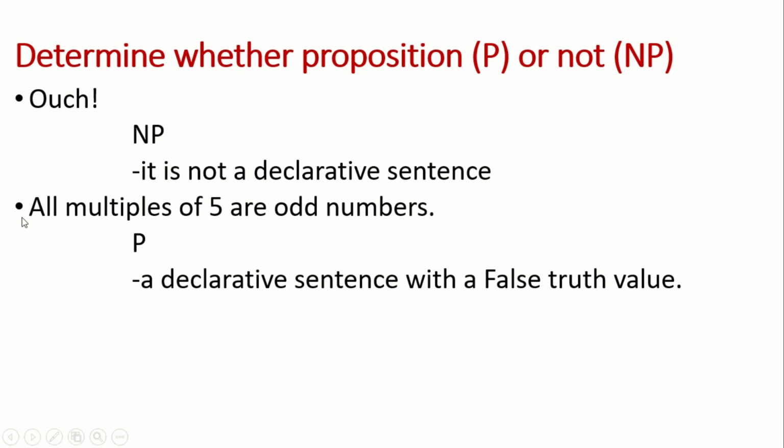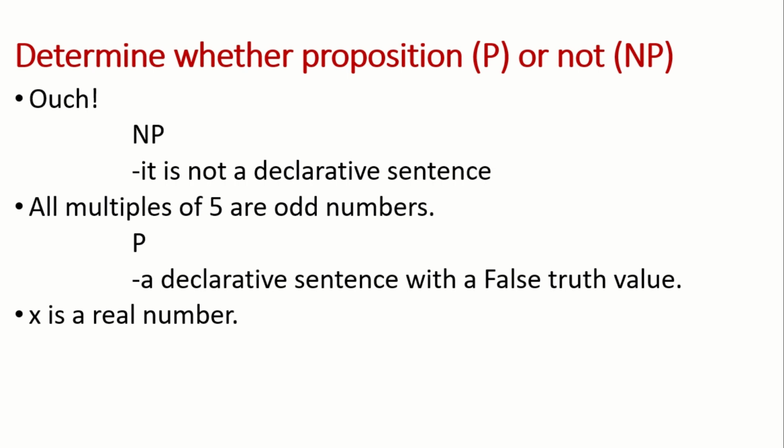Because it says all, but not all multiples of 5 are odd numbers. We have 10, 20, and so on. So meaning this is a false statement. Although this is a false statement, since it has only one truth value, then it is a proposition.